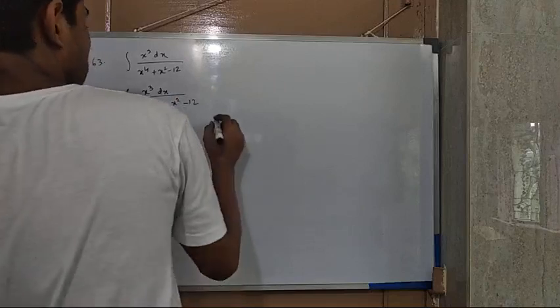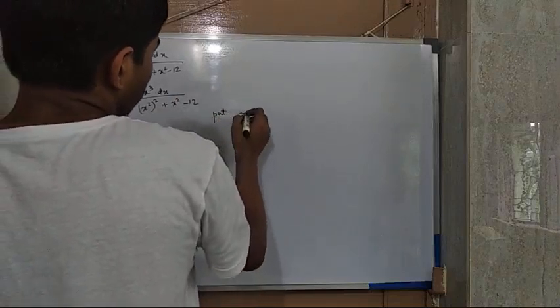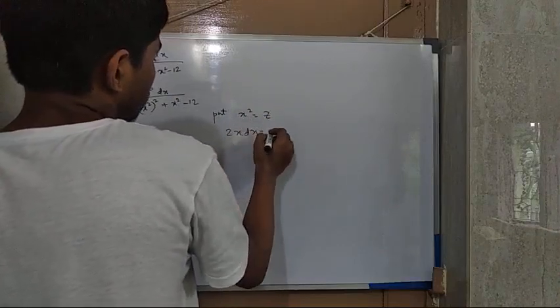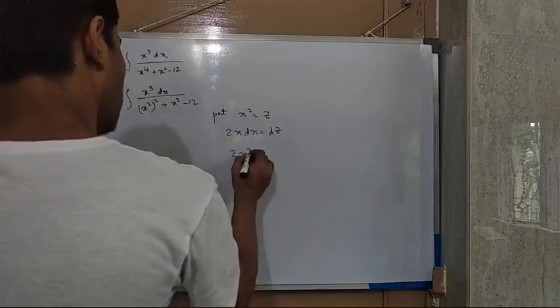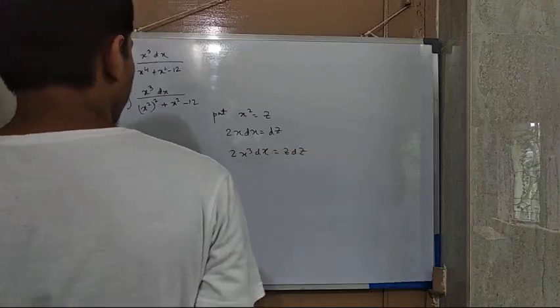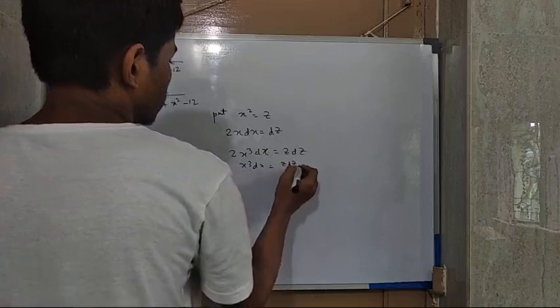So let's put x squared equal to z. So 2x dx will be dz, and 2x cube dx will be z dz. So x cube dx will be z dz divided by 2.